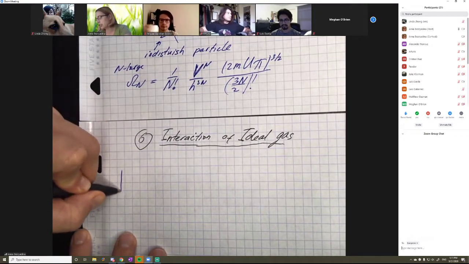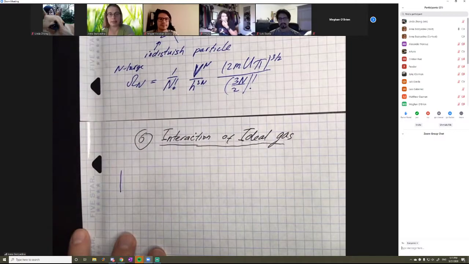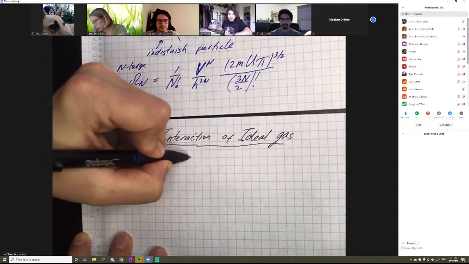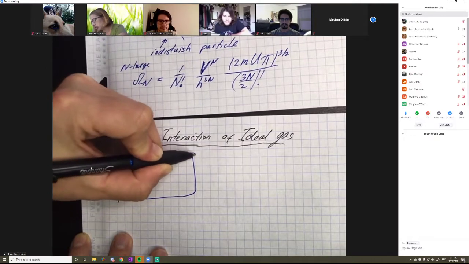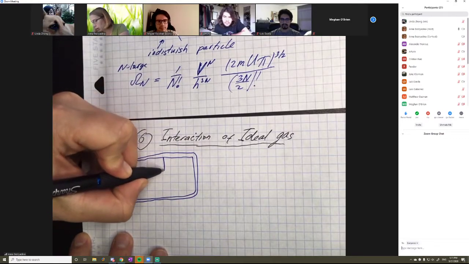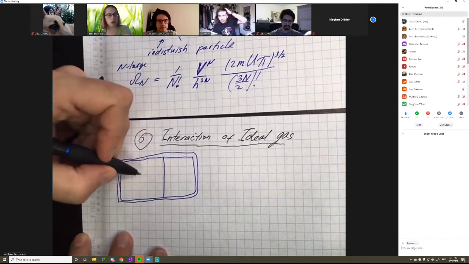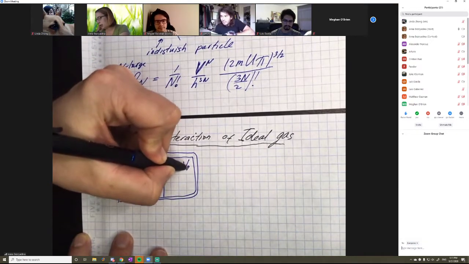Before, we did one gas and found the multiplicity. Now we have two gases. We have a large system isolated from the environment. We have double walls, and we separate it into chambers. One has volume VA, another has volume VB.